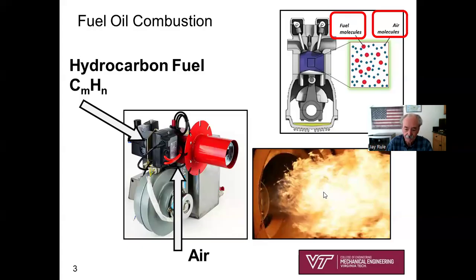And I've tried to grab a picture of what you would see in a fuel oil combustion, steady state, steady flow, open system process. So you can see the burner, here is the flame. Notice how this flame is very yellow, and that's the way we can detect whether our fuel is a liquid fuel like diesel fuel or gasoline, compared to gaseous fuels like propane and natural gas, where typically you see very much of a blue flame.